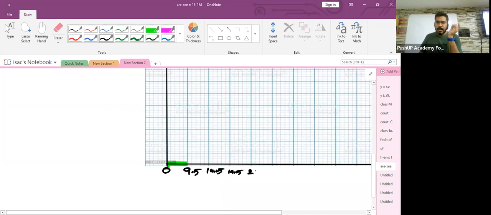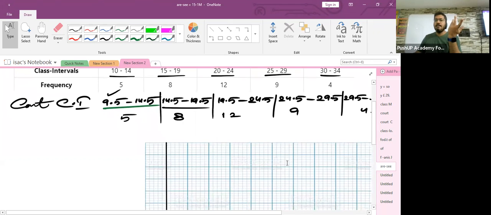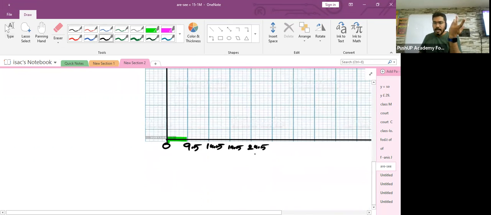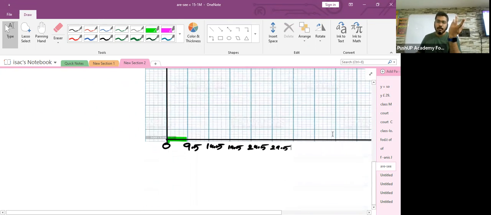Then 24.5. We are continuing, no? It's a continuous class interval, right? 24.5. Now, after 24.5, 29.5. After 29.5, what do we have? 34.5.